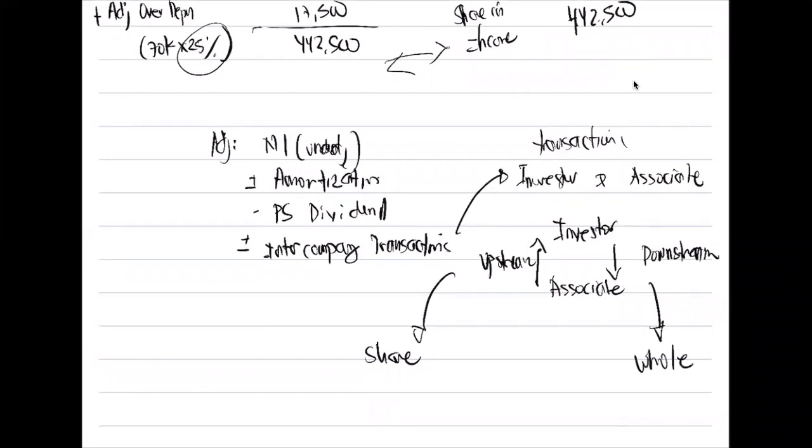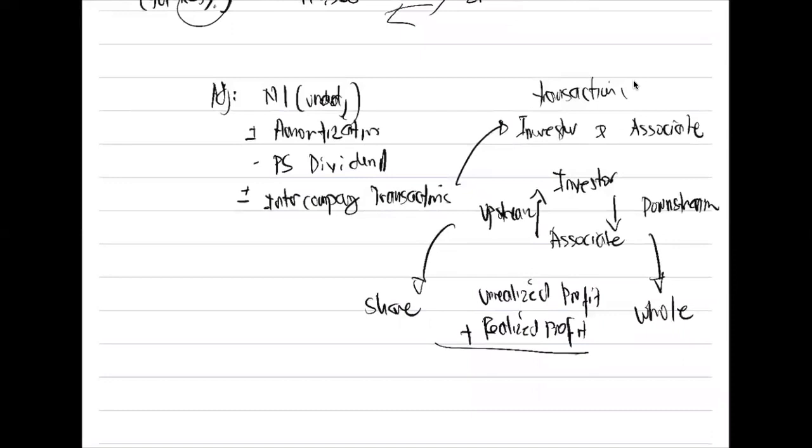So what we do here is your unrealized profit plus realized profit. So we have here your total adjustment: less unrealized profit plus realized profit. This is your total adjustment. Based on your total adjustment, if that is upstream, you just get the share.